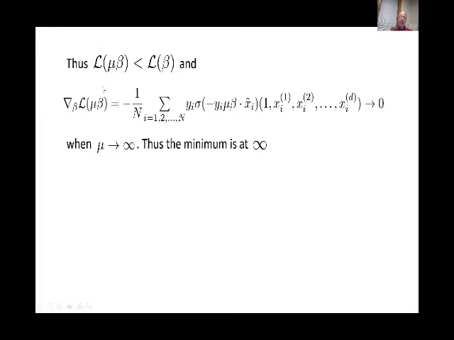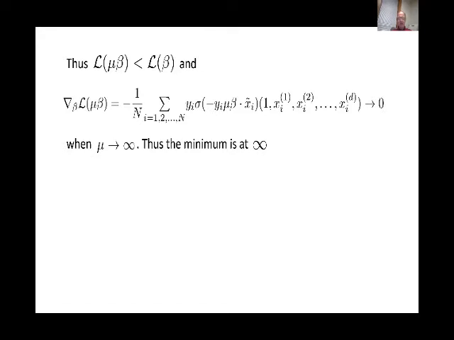So it doesn't have a minimum because it keeps decreasing, and its gradient vanishes only when mu times beta goes to infinity. That shows that you won't have a minimum for the loss function when the data set can be separated. That's a general fact.